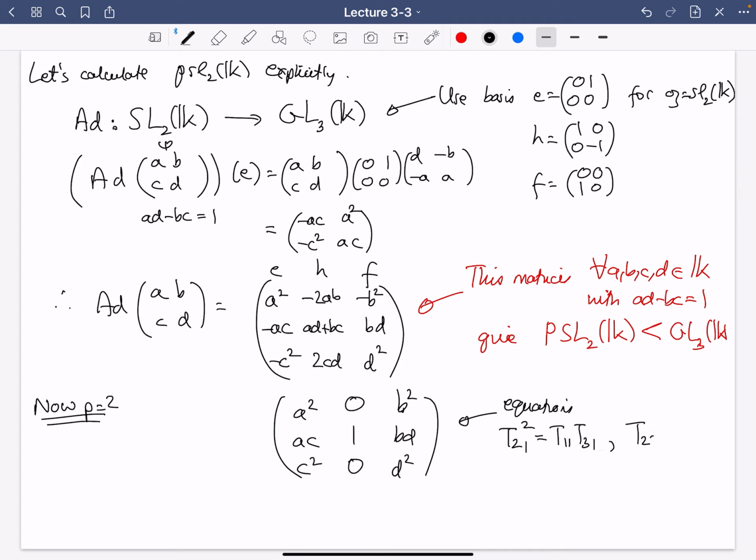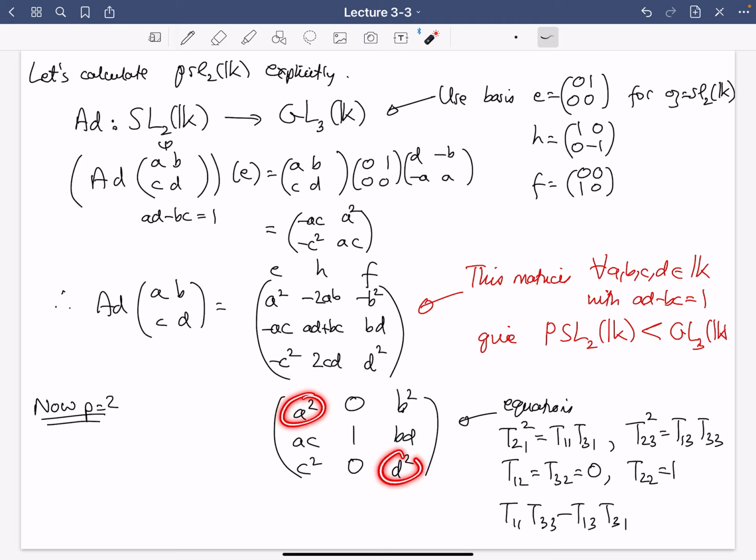And similarly, the 2,3 entry squared is the 1,3 entry times the 3,3 entry. And then T1,2 and T3,2 are 0, and T2,2 is 1. And then finally, T1,1 T3,3 minus T1,3 T3,1, so that's the determinant of this 2 by 2 in the corner.